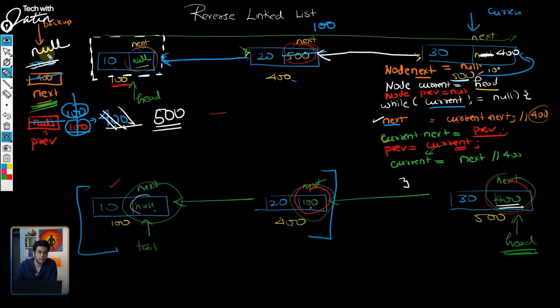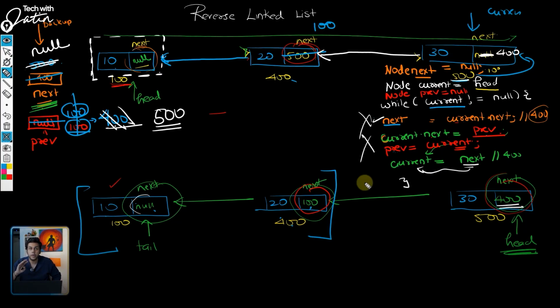What is there inside next? Null. So the value null will be given to current. Again it goes up. Current not equal to null. What is current? Null. Null not equal to null. Condition is false. This loop exits and is not going to get executed anymore.